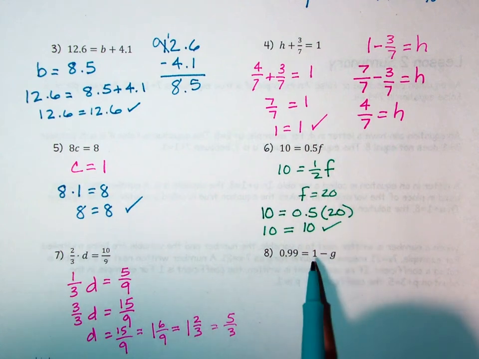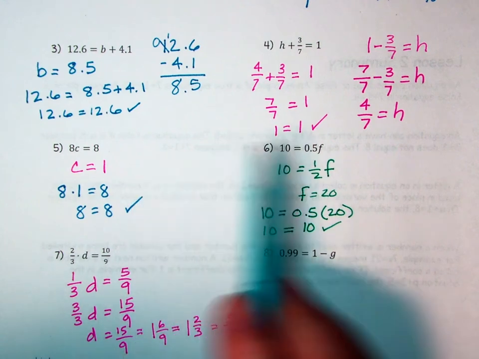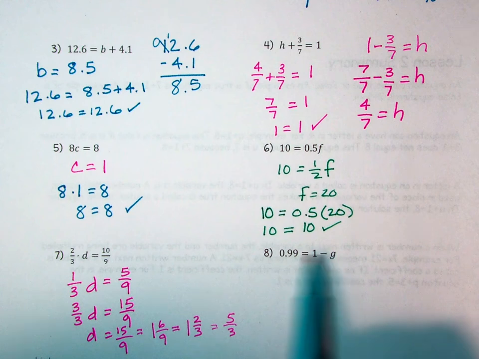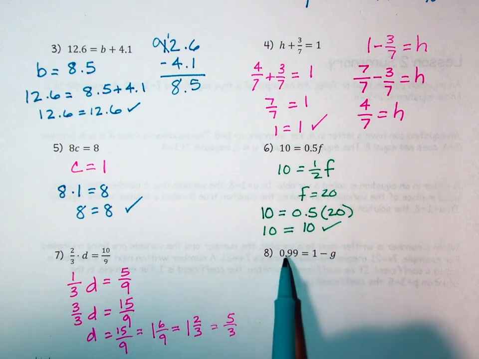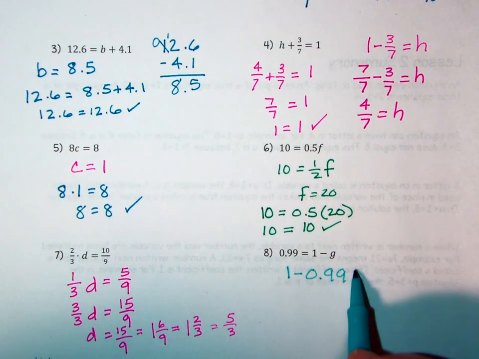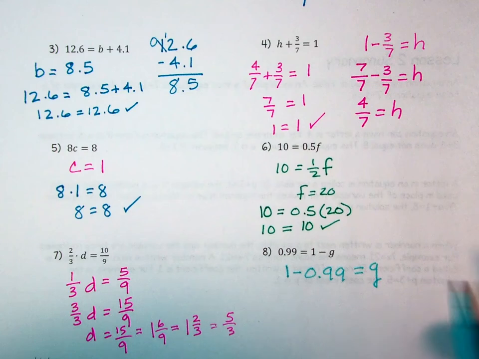So, using my rationale, if 1 minus some number leaves this, then 1 minus that number should leave that. So I should be able to do 1 minus 99/100 to find out what G is.